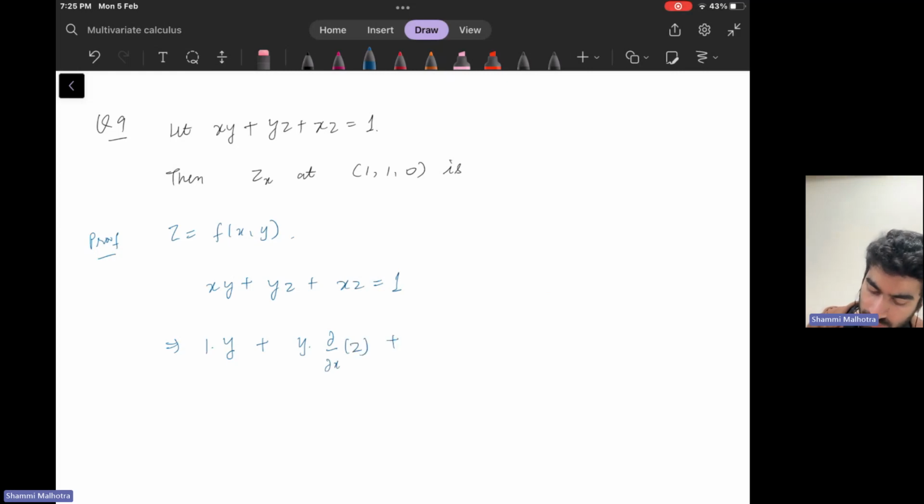And finally, for xz I have to apply the product rule here. So this will be 1 times z plus x times zx, equal to, and then 1 is a constant, so this is 0 only. So this implies y plus y times zx plus z plus x zx equal to 0.